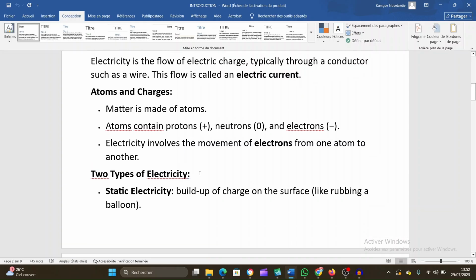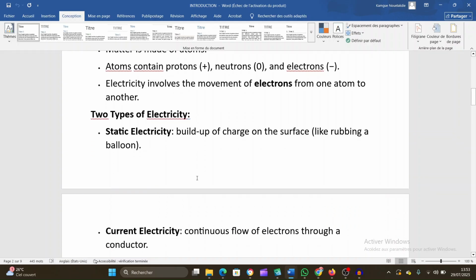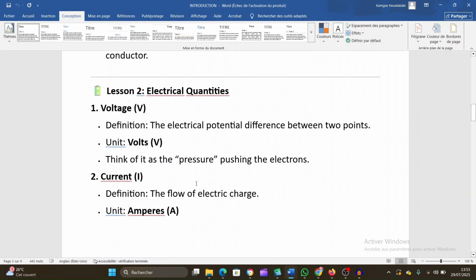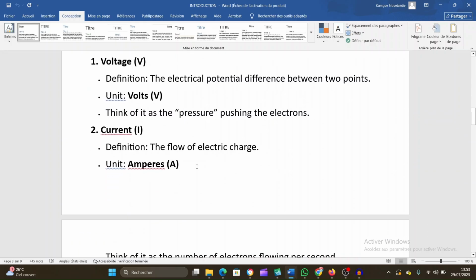That's how we can define current. And the unit for current is amps, capital A. If you want to write it all out, it is A-M-P-E-R-E-S. Amps.